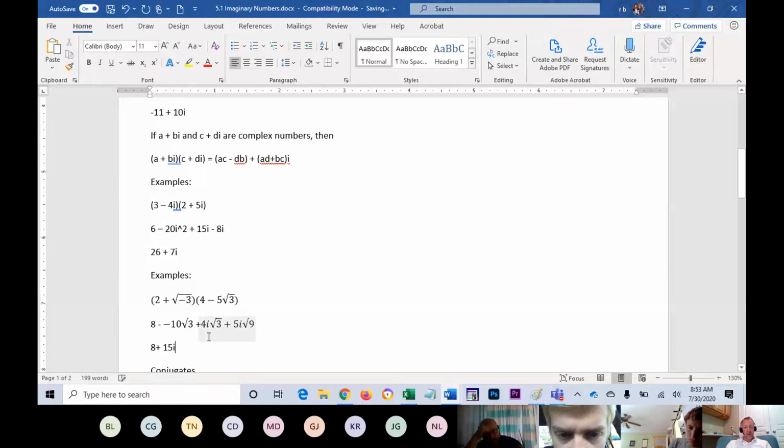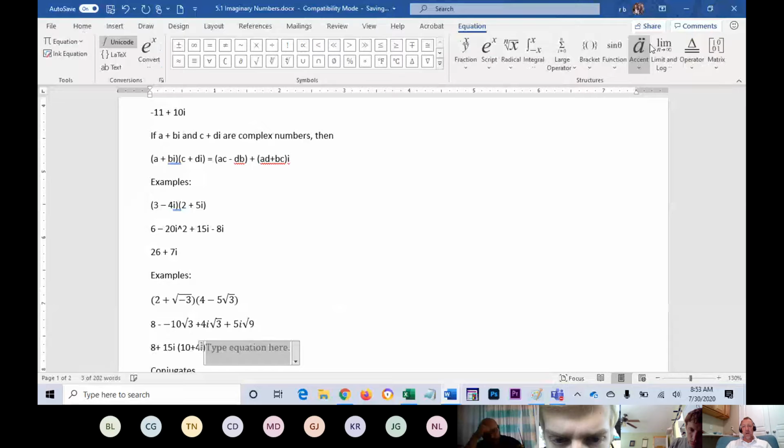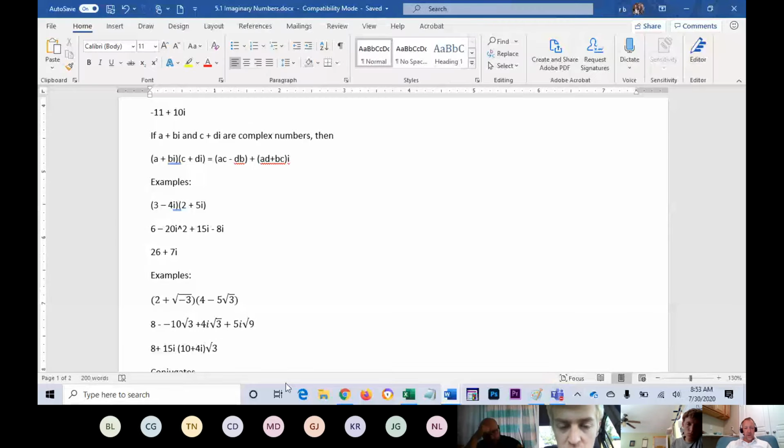So I've got negative 10 plus 4i, or negative 10 times 4i. No, plus 4i. You're right, sorry. Negative 10 square roots of 3 plus a negative 4i square roots of 3. It's such a pain to write this out here. Okay.